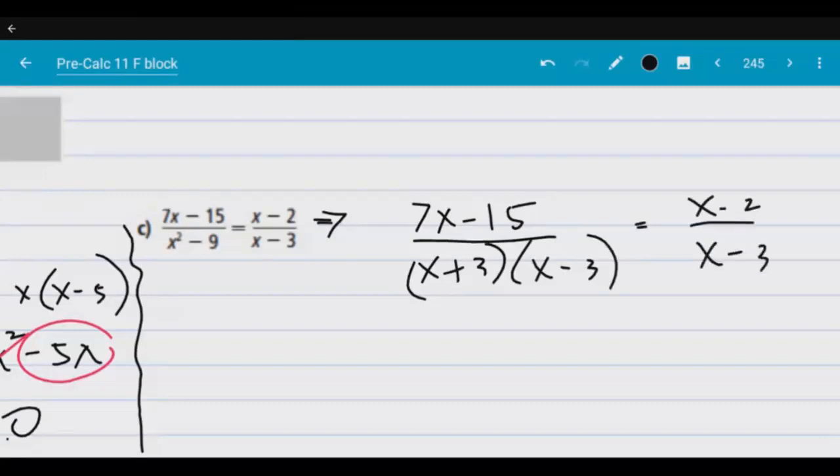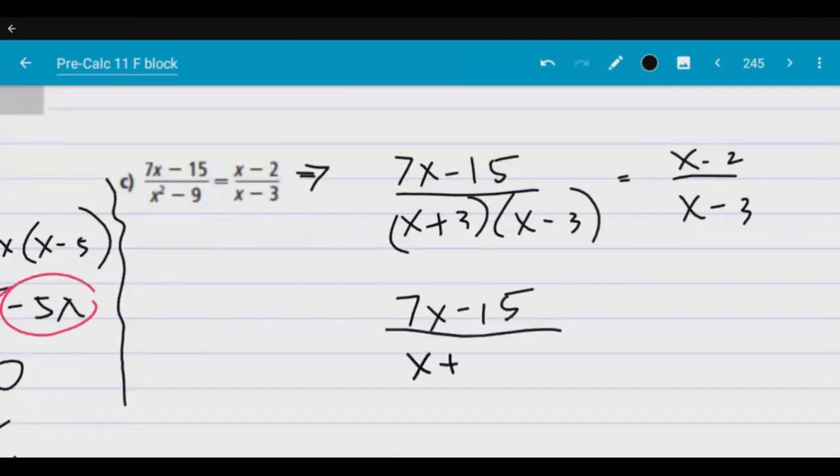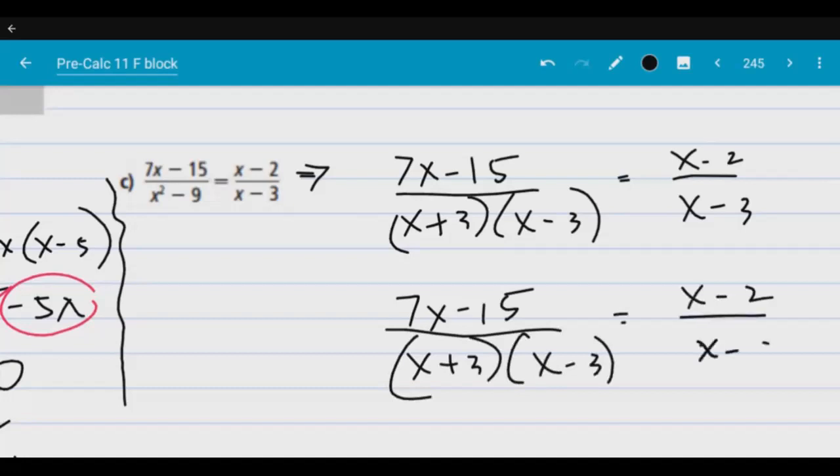Now, guys, ask yourself this. Isn't it that if I look at these two, a common denominator would be this one, right? So what if I multiply both sides by x squared minus 9? Okay. So take a look at what's going to happen. 7x minus 15 over x plus 3 times x minus 3 equals x minus 2 over x minus 3.